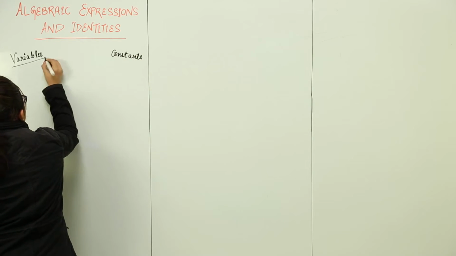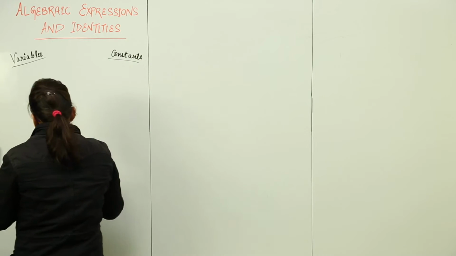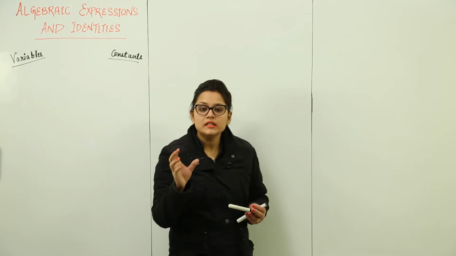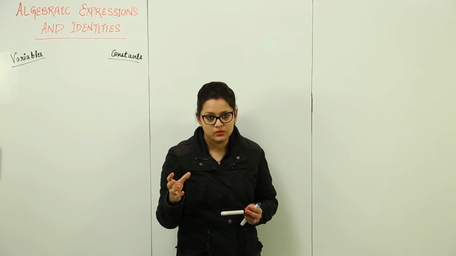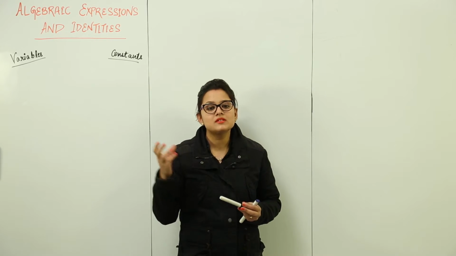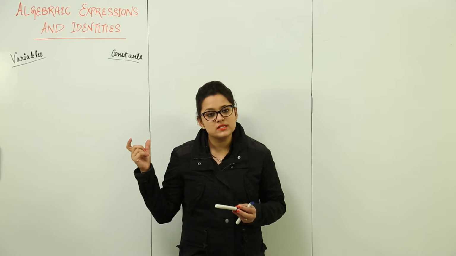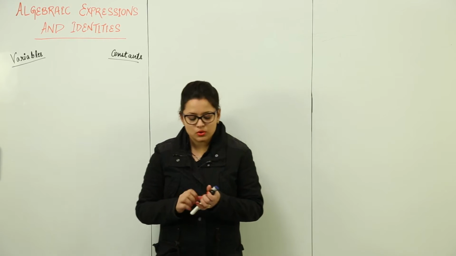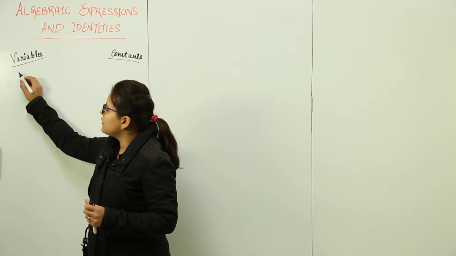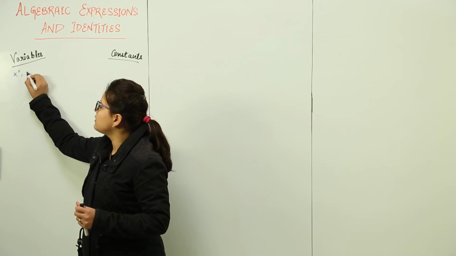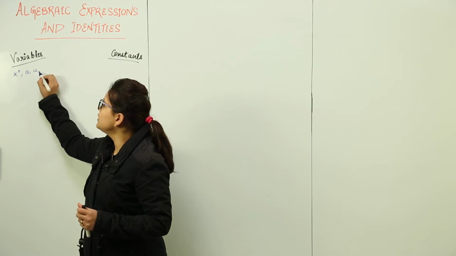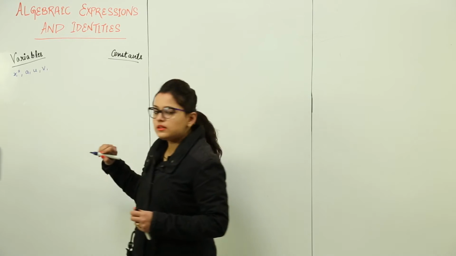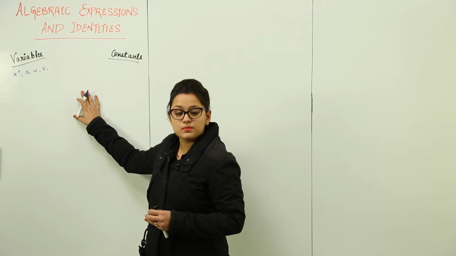I will be doing them one by one. What are variables? Variables are anything that can change their value, and constants have fixed values. If I write examples, the variables would be x square, a, u, v, anything. All these are variables. Why?